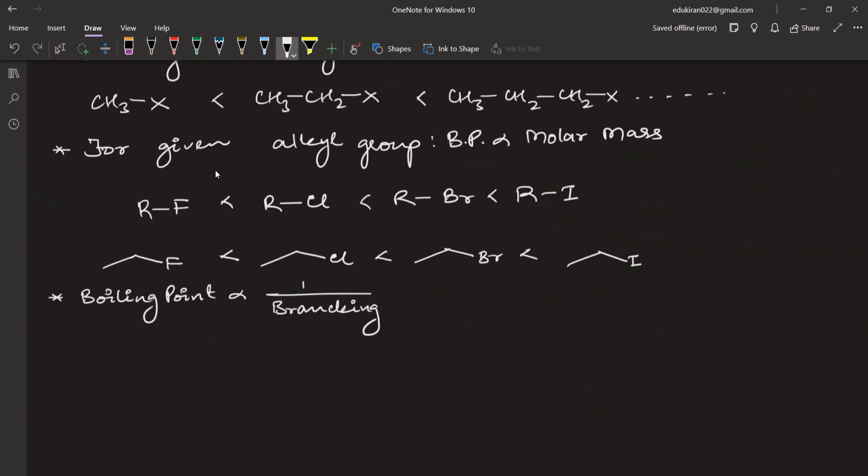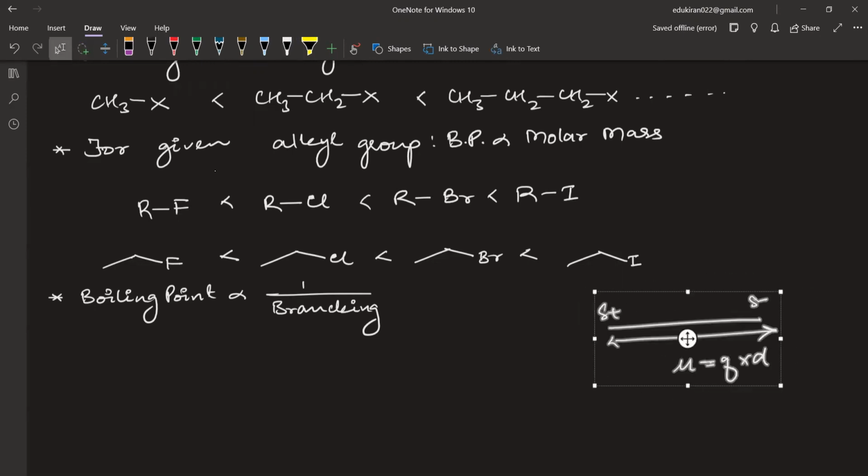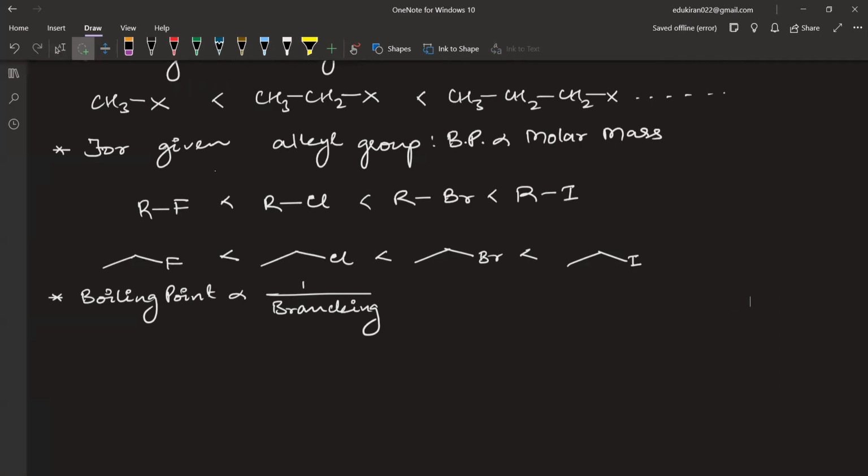If I have a linear chain, then the distance between delta positive and delta negative will be very large, and we all know dipole moment is equal to q into distance. But when we have branching, with the same number of carbon atoms, as the branching increases, the molecule starts to become a bit circular.